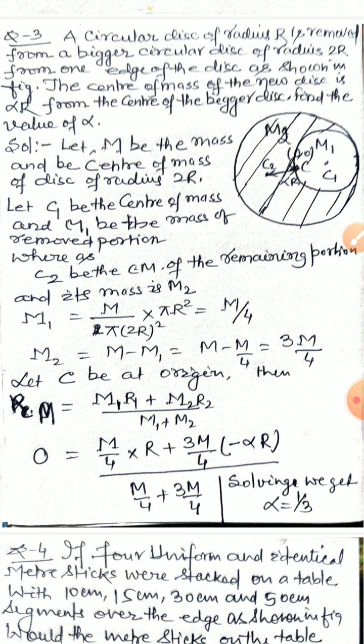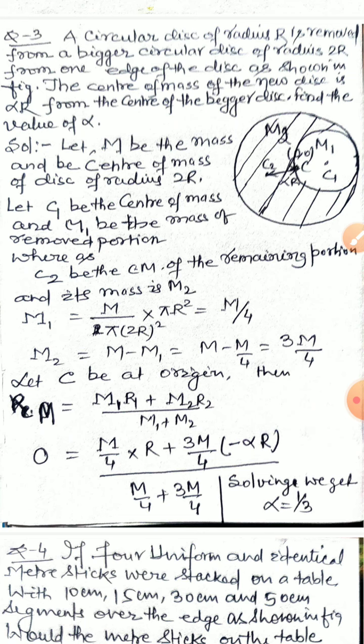So if m is the mass of the disc and 2R is the radius, then m by pi (2R) whole square gives you the mass per unit area. And if you multiply the area of the portion that has been removed, that is pi R square, we get the mass of the portion of the disc that has been removed.